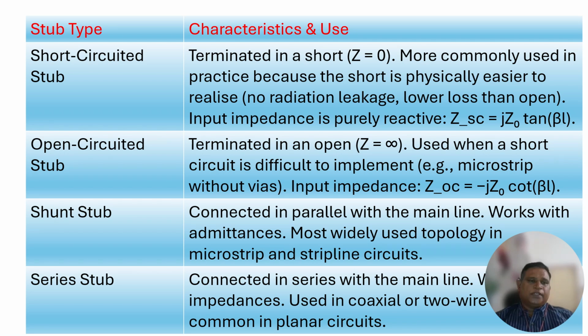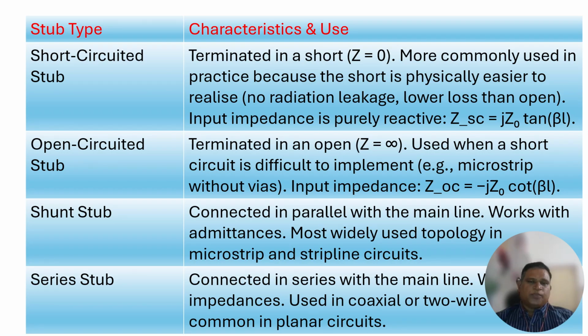Now here we can see the subtype, characteristics and uses. Short circuited stub: terminated in a short, Z is equal to 0. It is more commonly used in practice because the short circuited stub is physically easier to realize, has no radiation leakage, and has lower loss than the open circuited stub.